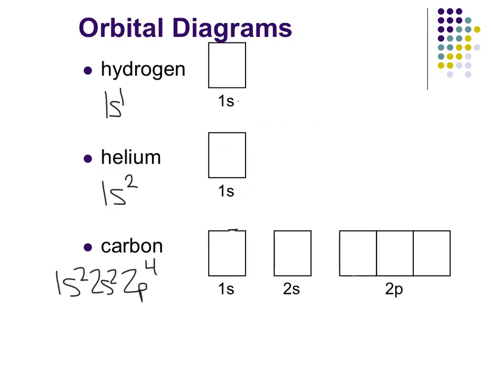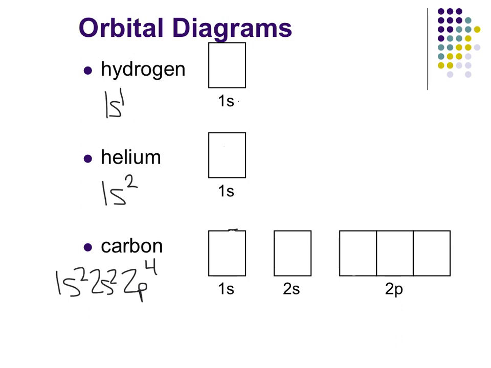Let's look at the boxes we have set up for these first few examples. Notice that anytime you draw a set of boxes for s, it comes as a single box. That's because s only has 1 orbital. Notice in the bottom corner you have 3 boxes for our p orbital, and that's because the p's always come as a set of 3.